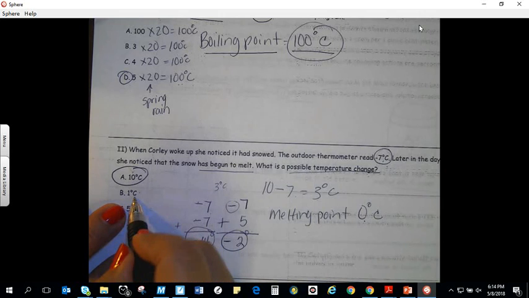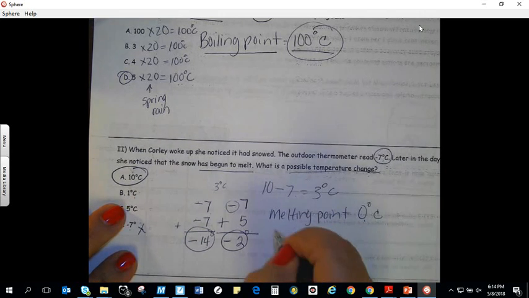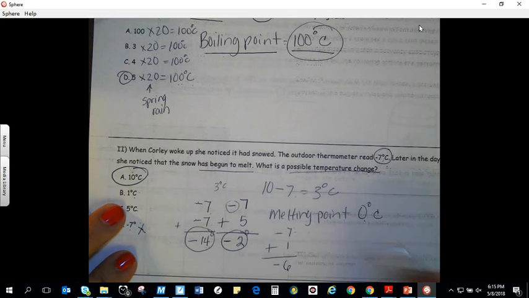If temperature changed 1 degree, I have -7, and that becomes a -6. And that won't work because it's still below.